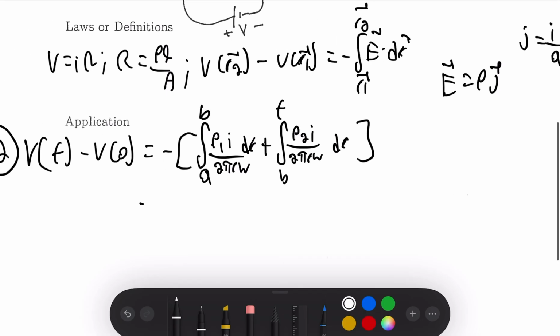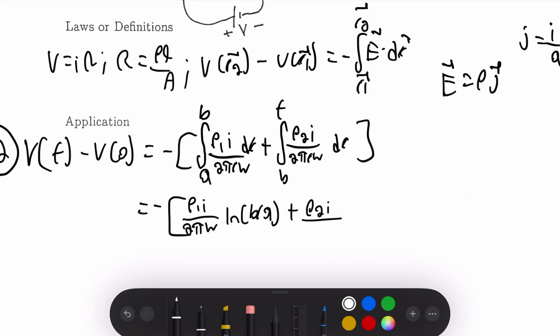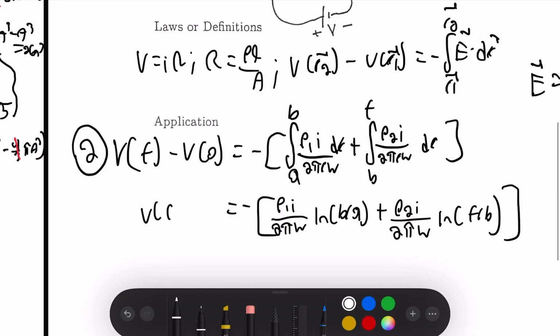So when I take the integrals, I'll have negative rho 1 I over 2 pi W ln of B over A plus rho 2 I over 2 pi W ln of F over B. And this would be V of F minus V of 0. But recall, to get the voltage, it will be the absolute value of this.